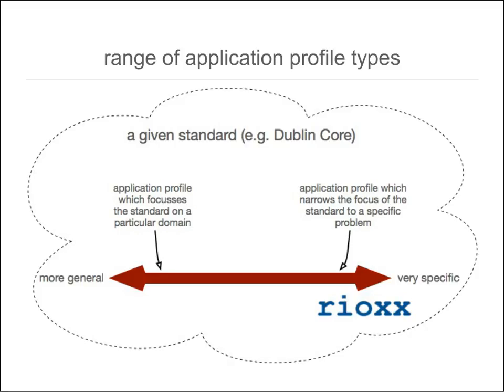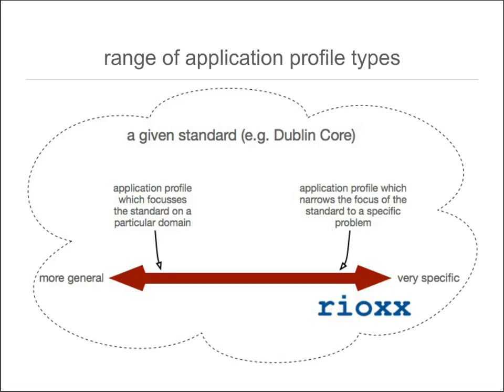Those types of application profiles would be on the left-hand side of my spectrum, on the left-hand side of that red arrow, where they're more constrained than a general standard. For example, Dublin Core is a standard that we're all familiar with. But where the application profile is not particularly focused on one use case or one problem space, it's designed to provide general interoperability.